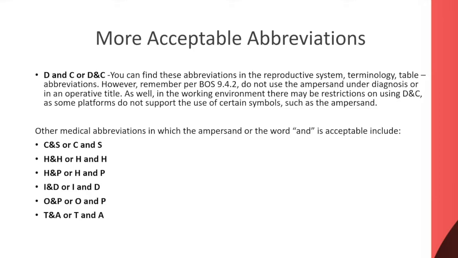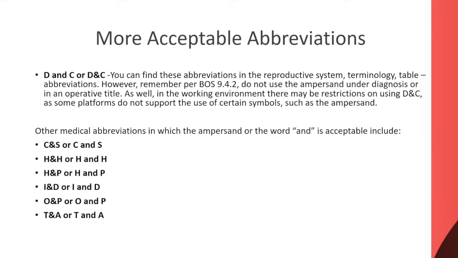As well, in the working environment, there may be restrictions on using D&C, as some platforms do not support the use of certain symbols, such as the ampersand. It's just like you probably noticed on a couple of our answer keys where that accent aigu, or whatever they call it, has a different symbol, but the reason being is because when that was switched over, whatever platform it was used on didn't support that particular symbol.